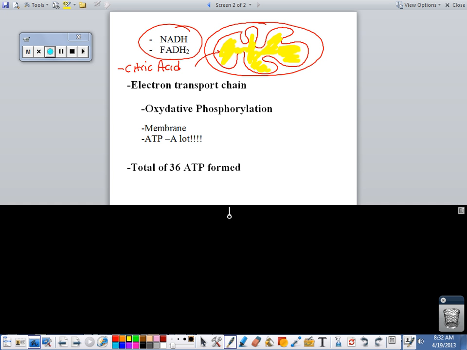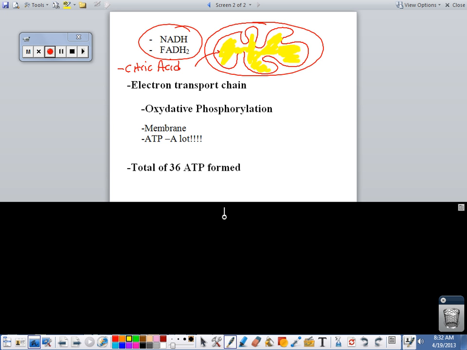Pretty complex process, but really important to remember about oxidative phosphorylation is that it produces a lot of ATP. Think back to glycolysis, 2 ATP, that's not much. But in this process, 36 ATP is produced. So this is really the ultimate goal of the cell, to complete the last stage, oxidative phosphorylation or the electron transport chain, so it can make an abundant amount of ATP. Just keep this in mind. Remember that the whole point of this is to make that large amount of ATP.